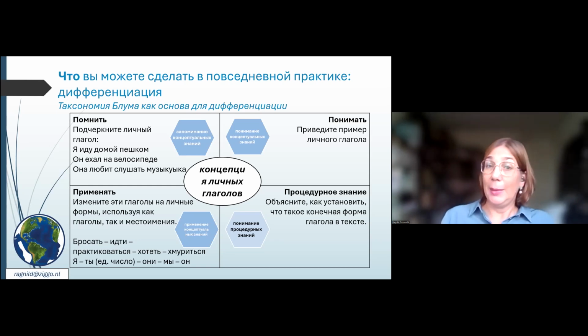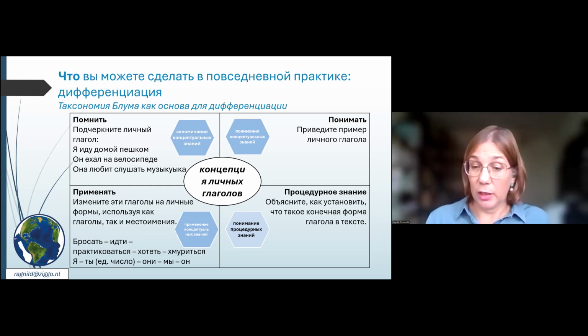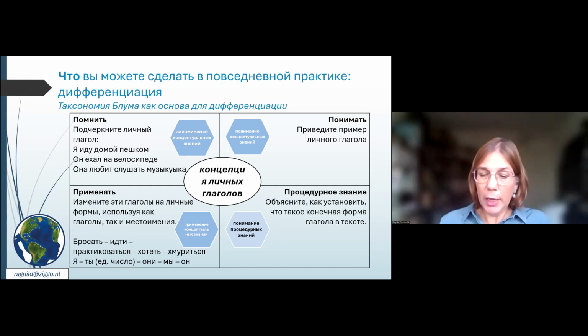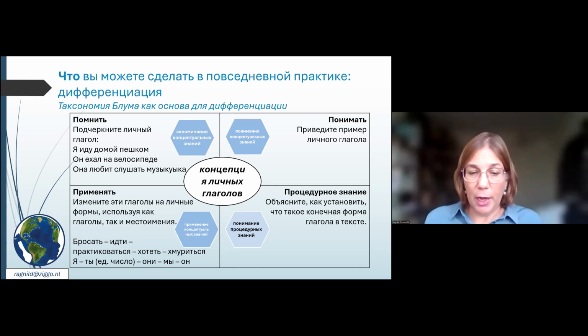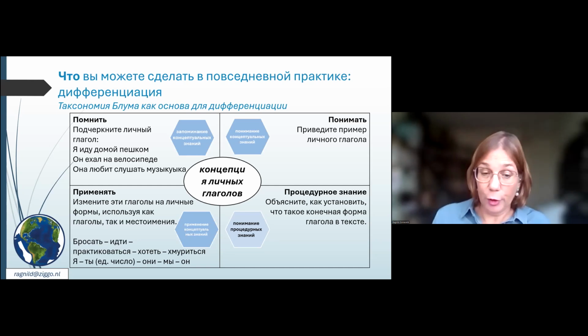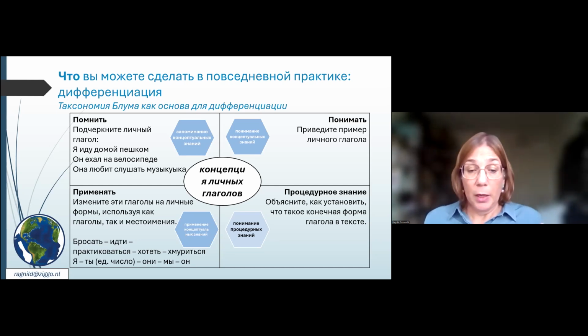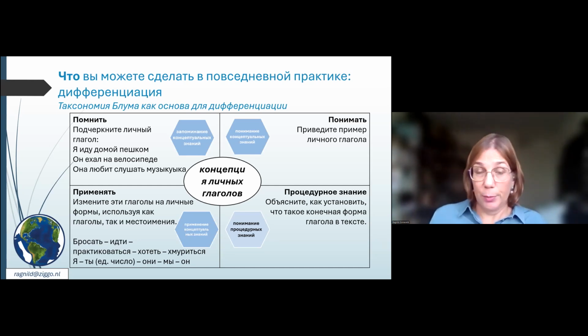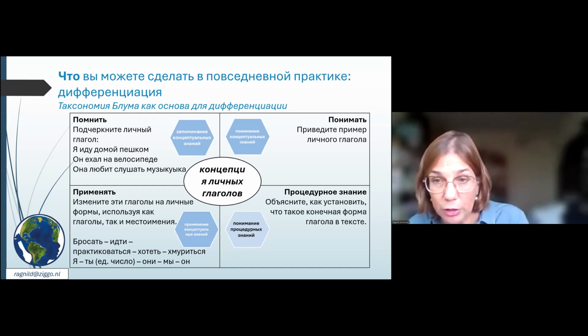And those students who need more, who already can perform the understanding goal, you have different options in increasing the complexity. So either they have to apply it themselves, and you can see that in the rectangle where you change the verbs into finite verbs, like they go to the beach and he goes to the beach.